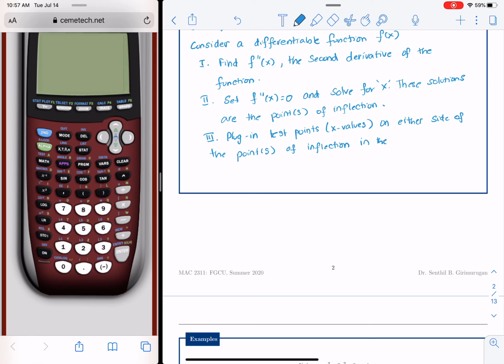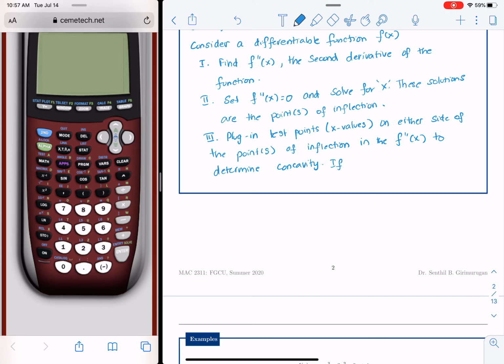You have to plug it in the second derivative to determine concavity.